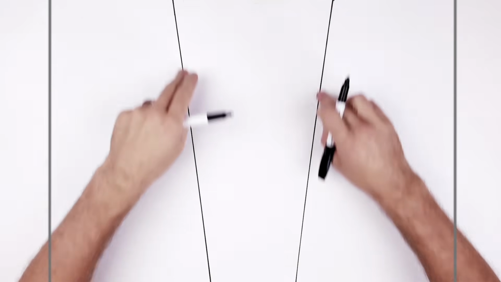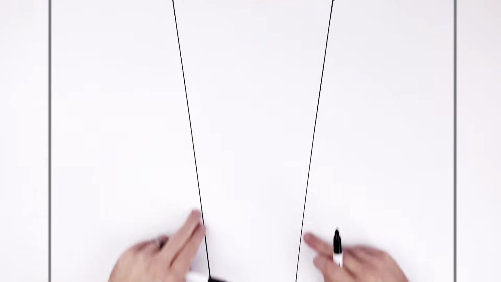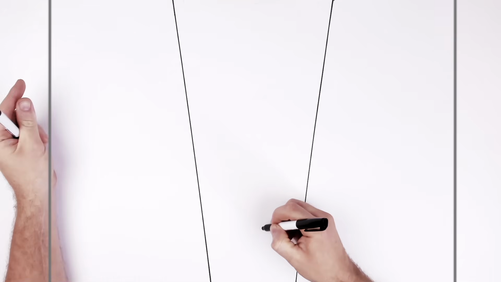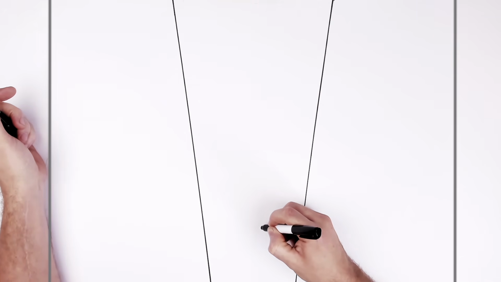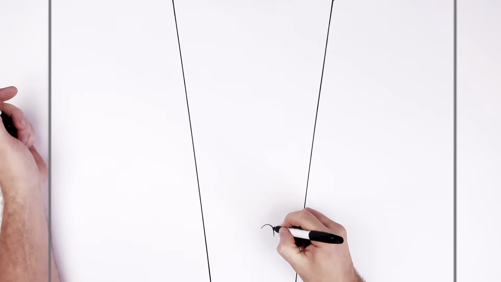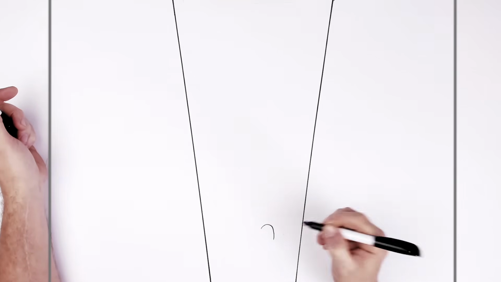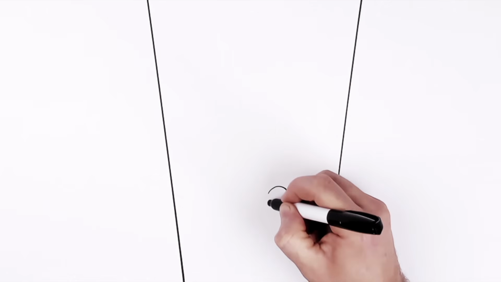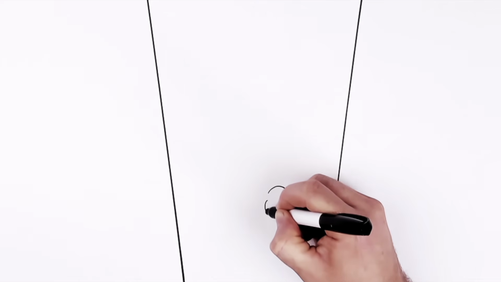Landscape page. I've divided my page into 3 sections with these 2 diagonal lines. And then we'll start with Goku down here. So he's got these big Kid Goku eyes, right? Just curving around like that. And then his pupil is just like here.